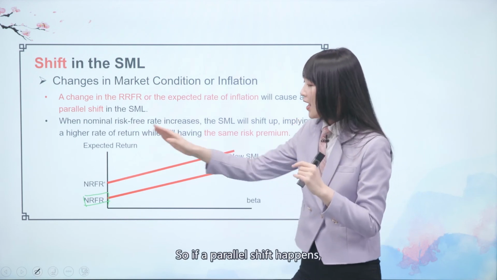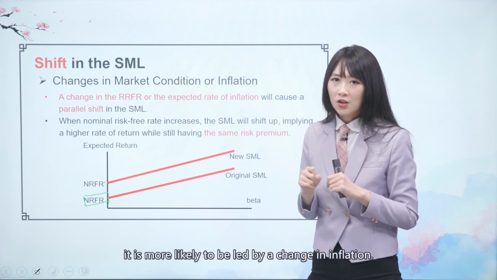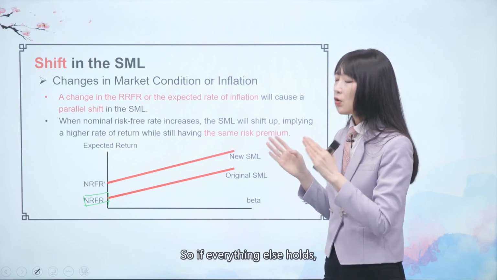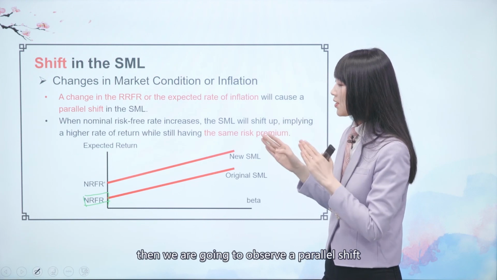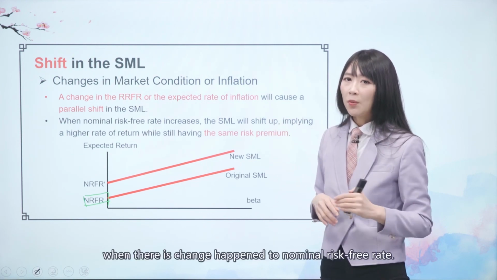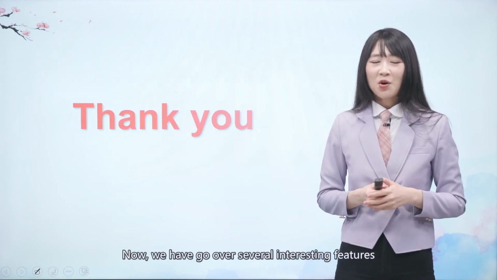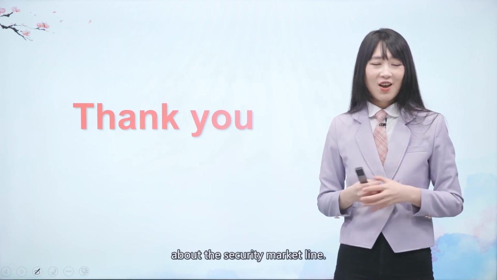So if a parallel shift happens, it is more likely to be led by a change in inflation. So if everything else holds, then we are going to observe a parallel shift when there is a change to the nominal risk-free rate. Now, we have gone over several interesting features of the security market line.